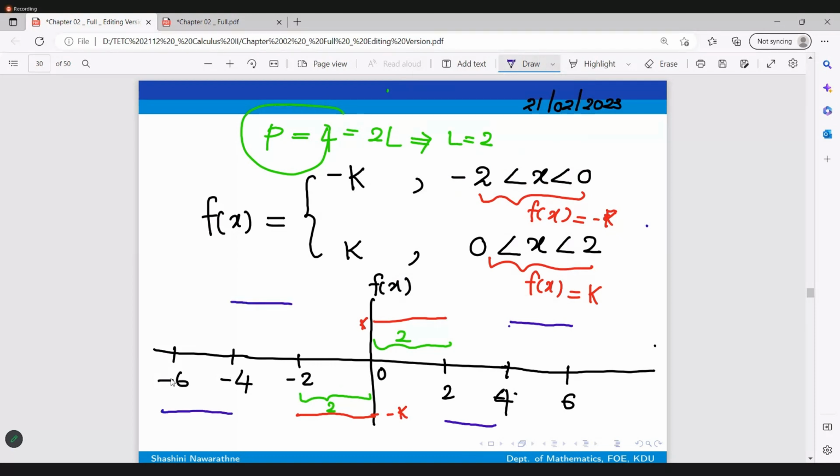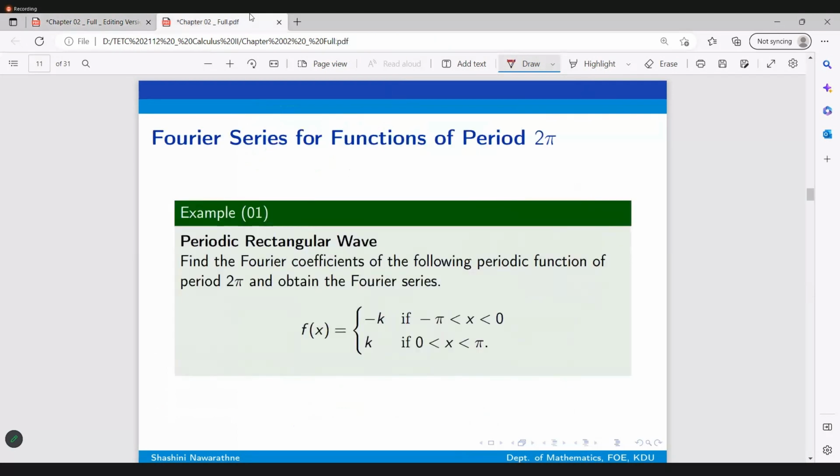So then we can see that if we consider a period of 4, then it have the same pattern. නේ? අර මෙහෙම කෑල්ල repeat වෙවි යනවා. Is it clear? Yes or no? So let's move to the example. First example.